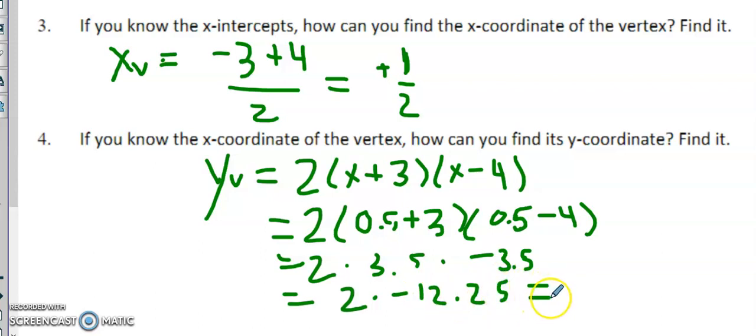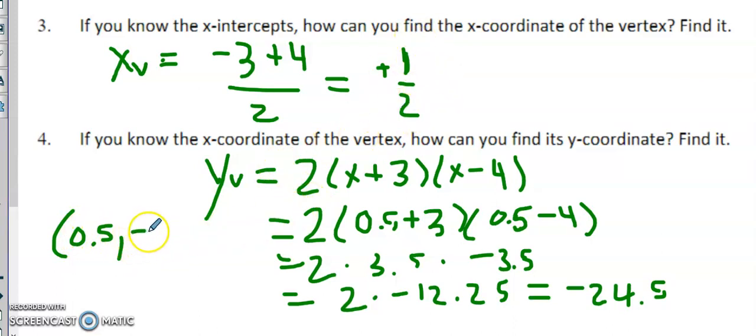So we end up with negative 24.5. So the vertex of this parabola will be at 1/2, which is our x value, comma, negative 24.5.